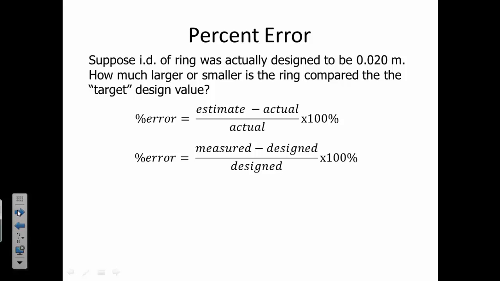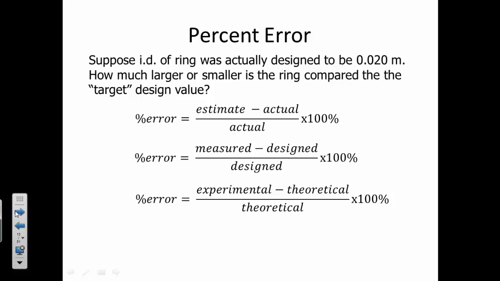You can also look at it as this, our measured value minus design value, divided by design value, or you could look at from this, when you're doing a lab experiment, your experimental values that you measure during the lab minus your theoretical values that should occur in the lab divided by the theoretical. In each one of these cases, you take that ratio and multiply by 100, and you get your percentage.